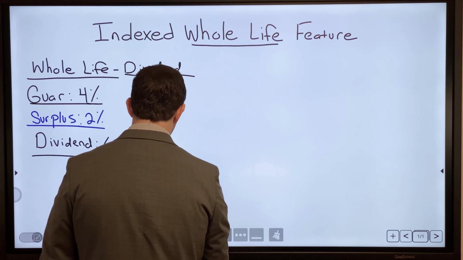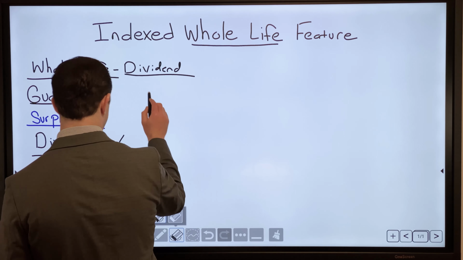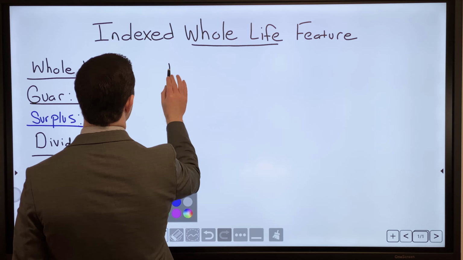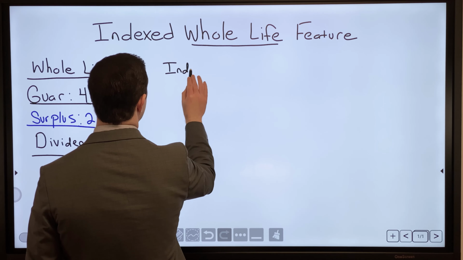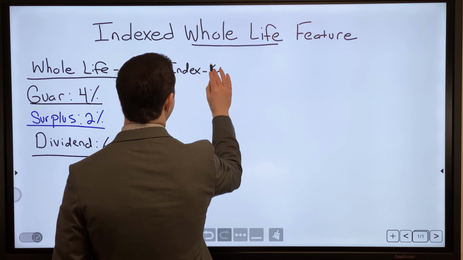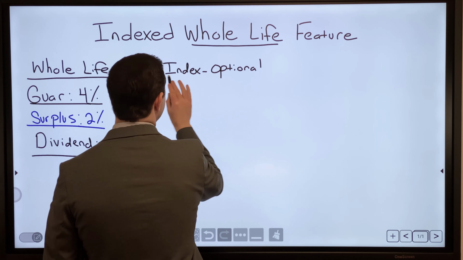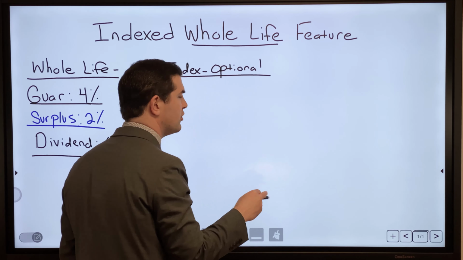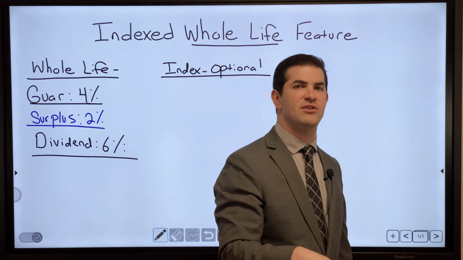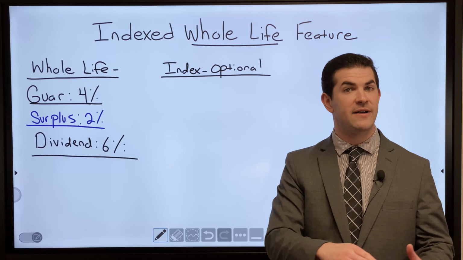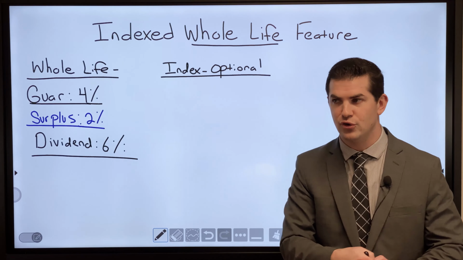Now, as we look at the indexing strategy, so let's give ourselves some space here. This indexed feature is an option. And when I say option or it's optional, it's not something that I have to select at the beginning, yes or no, and that's it forever, like a lot of features that are associated with whole life insurance.